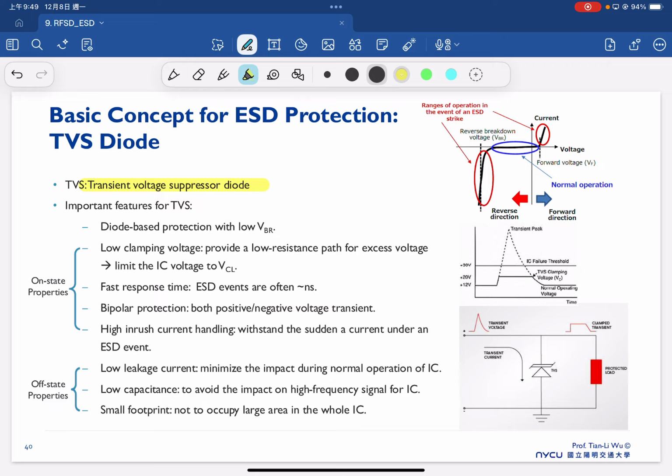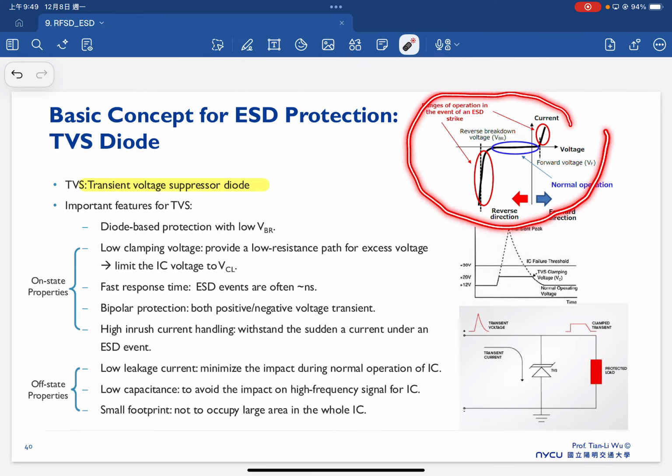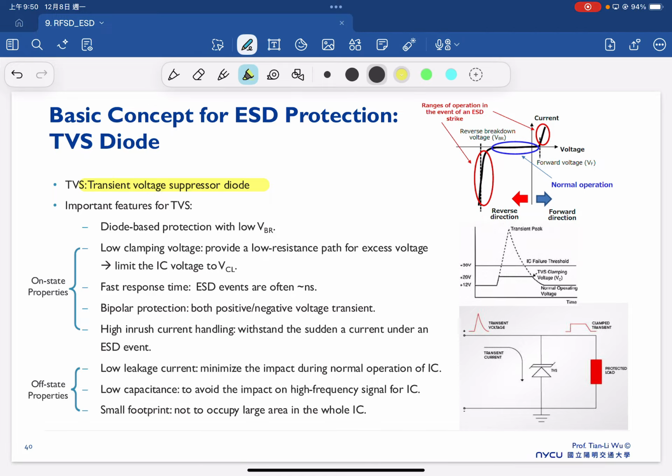Probably you already know the typical characteristic of a diode looks like this. We have the forward high current turn on, and in reverse we also have high current turn on. So we can consider using this region and this region as ESD protection.